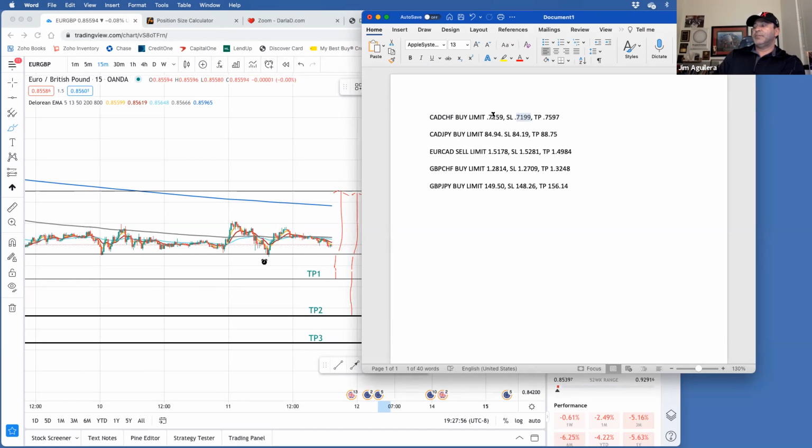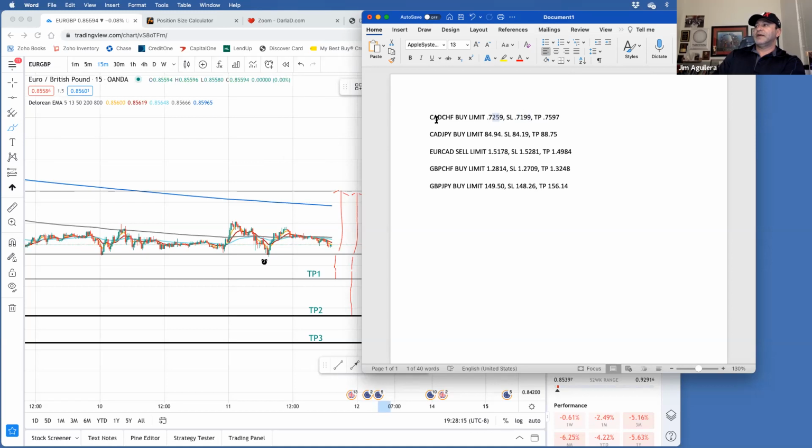The amount of pips in the stop loss is this number minus this number, which happens to be 60. If you subtract this number from this number, it's 60. And if I was to draw this all out on a chart and use the ruler, you're going to get 60.